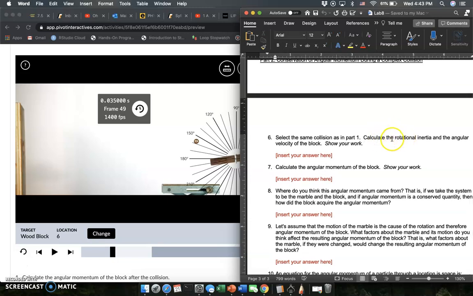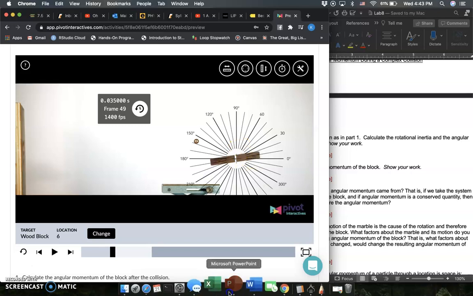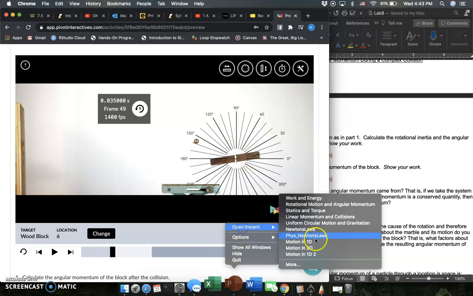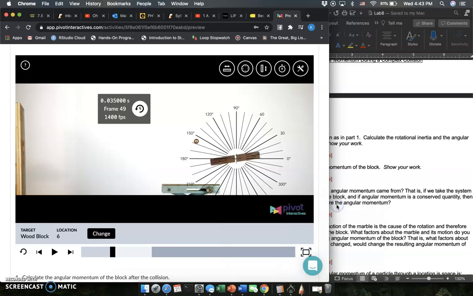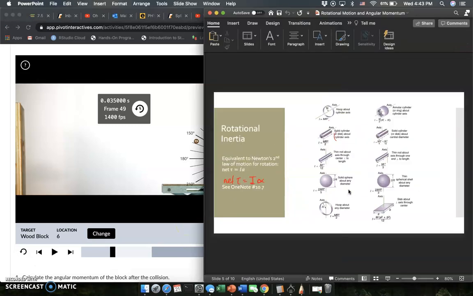So it asks what the rotational inertia is, and then the angular velocity. Remember that inertia was also in our PowerPoint, under rotational motion. Let me bring that slide up here.